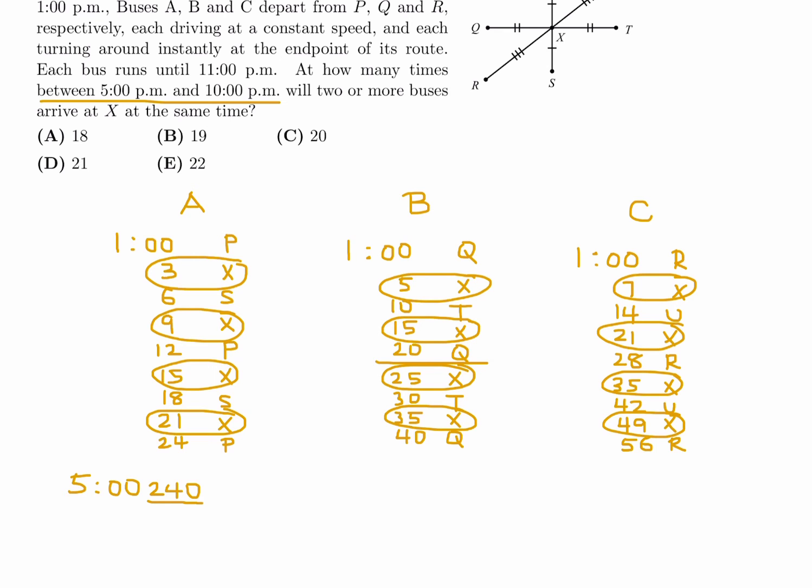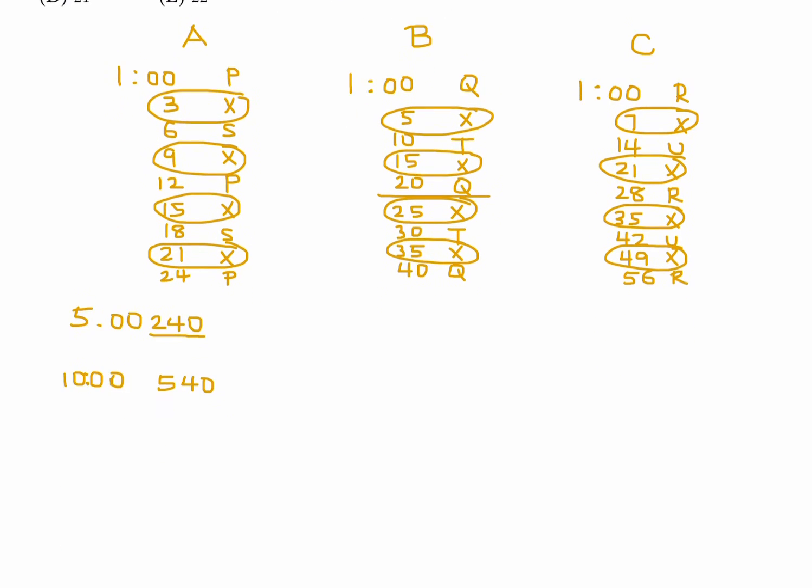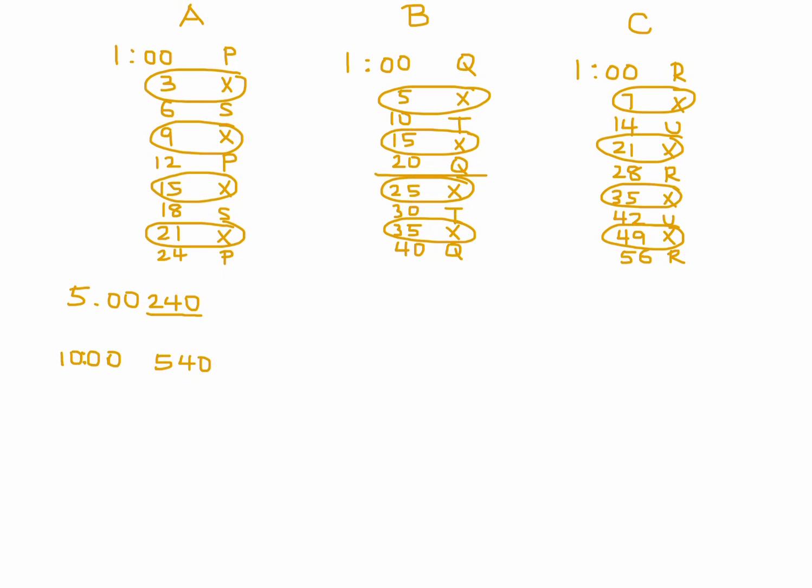Between. And then 10 p.m., that compared to 1 p.m. is 9 hours later, right? And 9 hours is 9 times 60, which is 540. Like that. So we want to look at times in between 240 and 540.